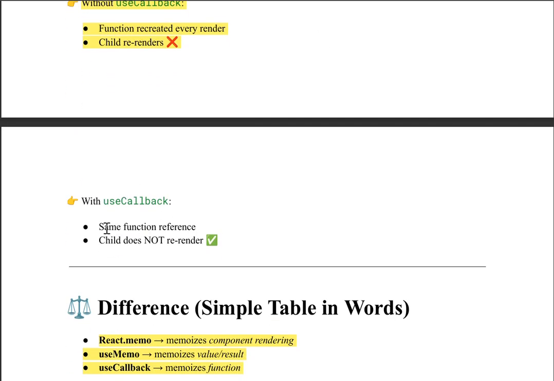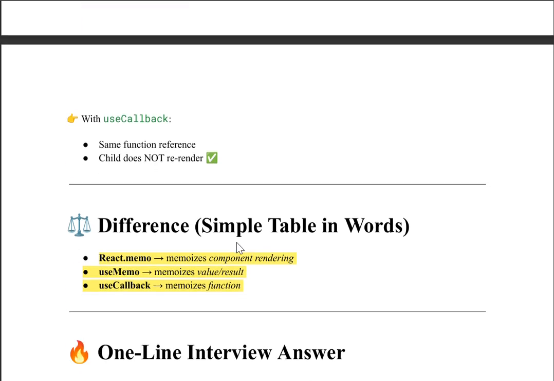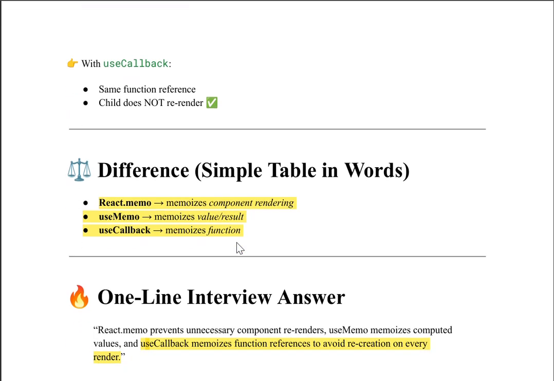With useCallback, we get the same function reference. Use useCallback for the same function reference, so that the child doesn't re-render. So if we check the differences between all these three, React.memo is used for memoizing component rendering, useMemo is used for memoizing a value or result, and useCallback is used for memoizing a function.